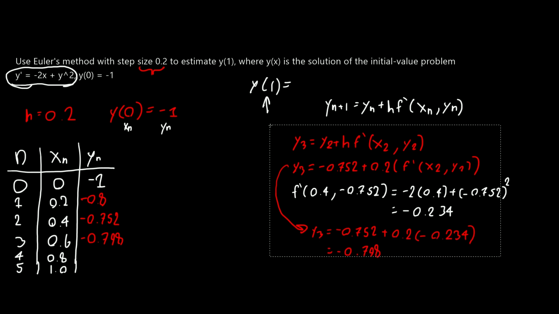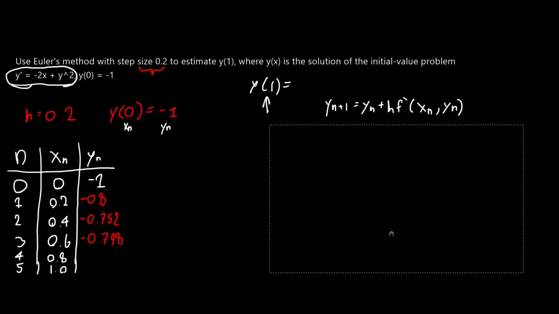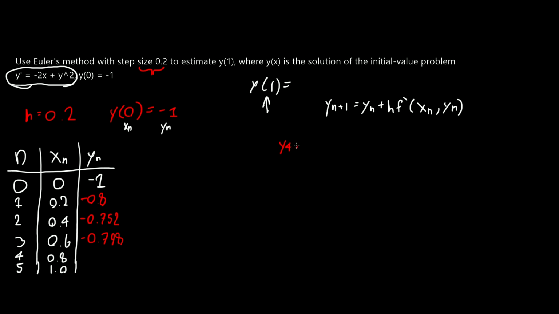And let me go ahead and delete these and move on to step 4. So y sub 4 will equal y sub 3 plus h times f prime of x sub 3 comma y sub 3.